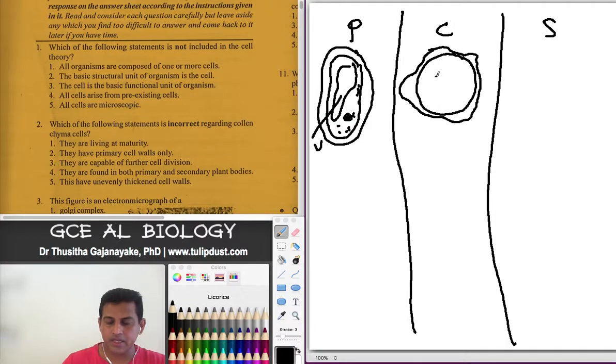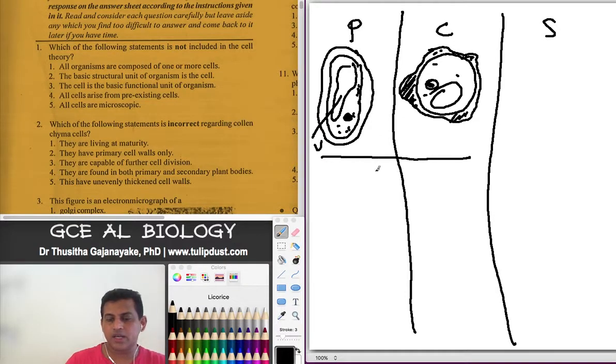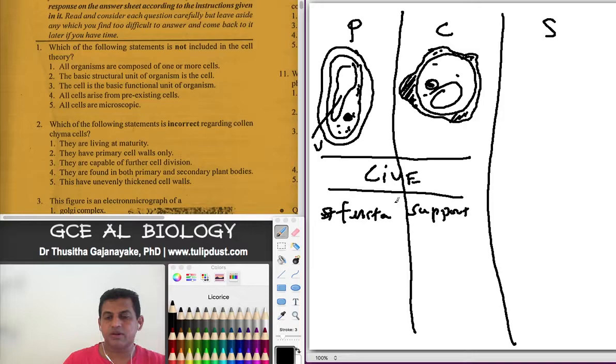Again we have this structure, that's a cell wall, but you can see the cell wall is not equal. The cell wall is unevenly thick in this part. Both cells are alive and they mainly provide structural support and storage functions.